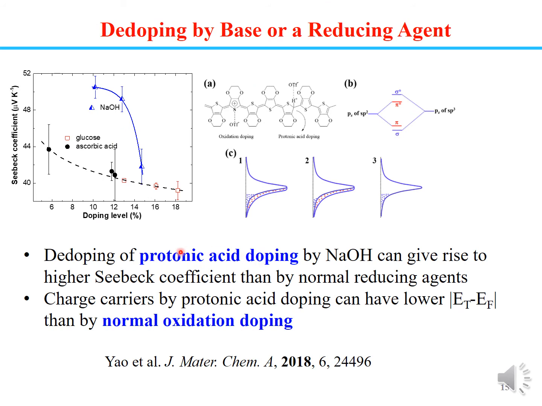For conductive polymers, there are two types of doping. One is protonic acid doping, another one is normal oxidation doping. The protonic acid doping can be dedoped by a base like sodium hydroxide, while the normal oxidative doping can be reduced by reducing agents like glucose and ascorbic acid.